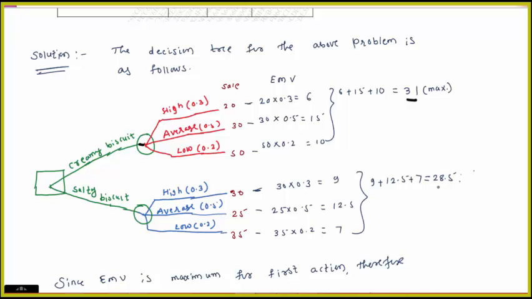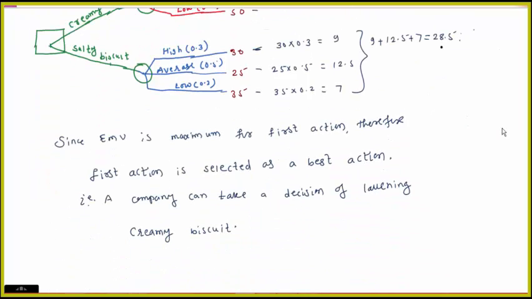The EMV for launching a creamy biscuit, the first decision, is 31. So EMV is maximum for launching a creamy biscuit. So launching the creamy biscuit is the best act using the EMV criteria. In this way you can draw a decision tree and use the EMV criteria to suggest the best act. Thank you, students.